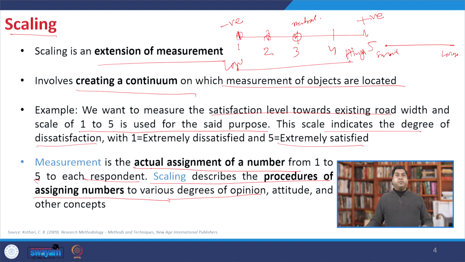It should not be ambiguous, like one saying the same thing that the two can represent. So 1 and 2 should be distinctly identifiable, so that we can accurately measure the response from the respondent.